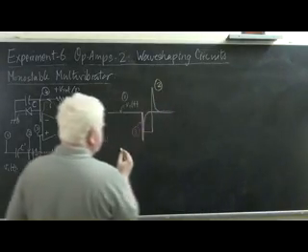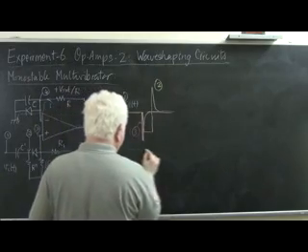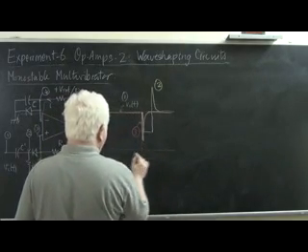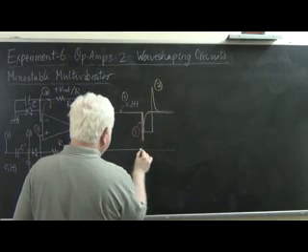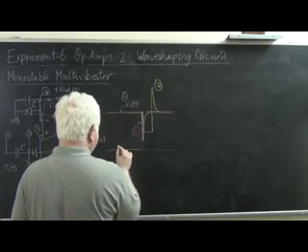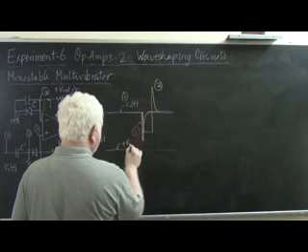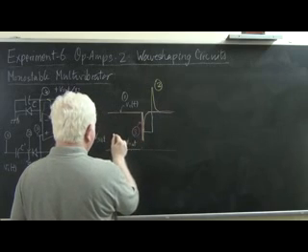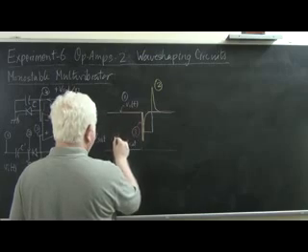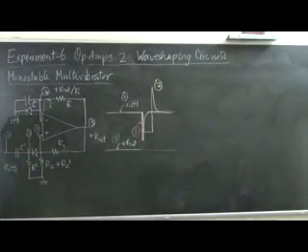Because this is getting quite crowded, I'll draw a new waveform over here. And at this point, until this point, this was at plus Vsat, and what we are drawing now is waveform 5, which is the output of the op-amp.